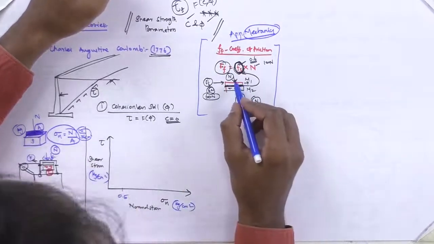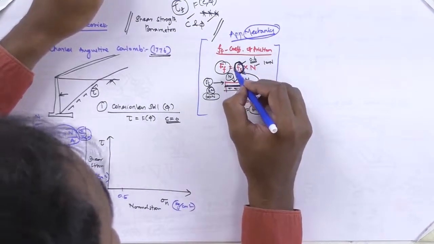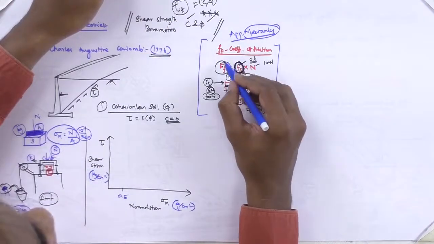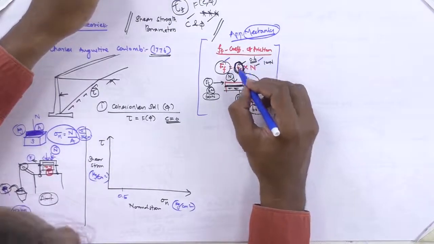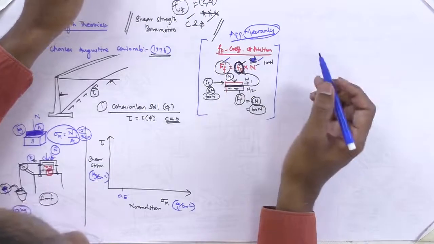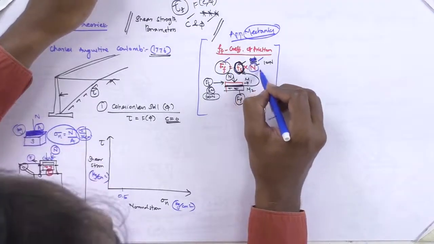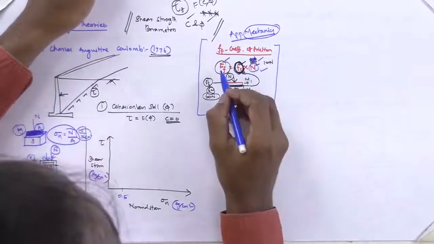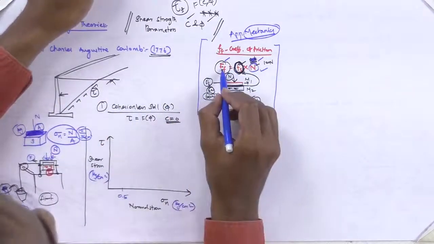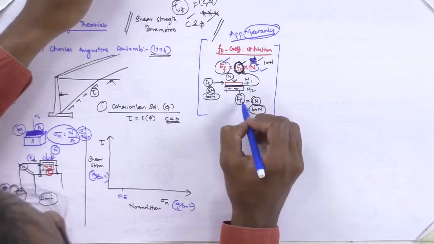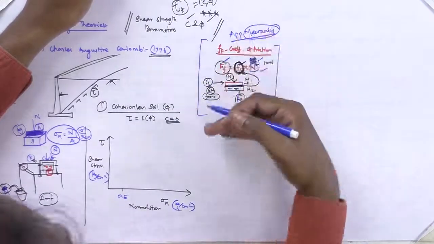So here, in order to find this F, in this case we don't know the 0.6. In order to find this 0.6, the N, you know, because you are applying the F, it is a frictional force, it is about to fail. So it's just a reverse process.